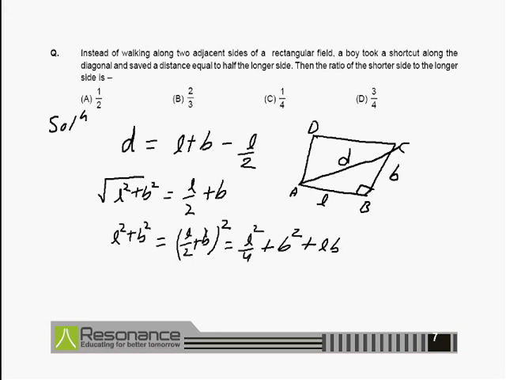Now by solving this, we get 3 L square by 4 plus LB is equal to 0. Now taking L common, 3L by 4 plus B equals 0.